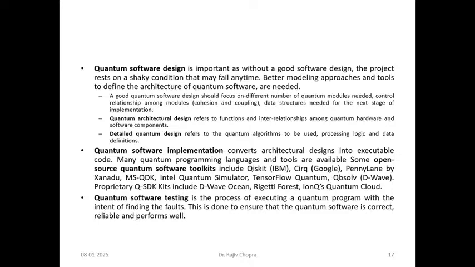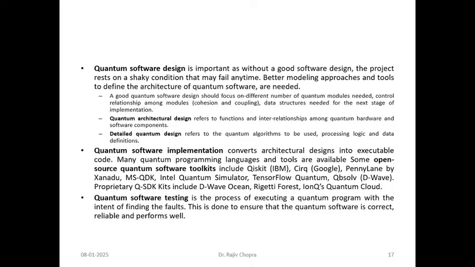Better hardware design approaches and quantum software design approaches are there, and we have to find out the relationship among the modules, the cohesion and coupling between these quantum modules, and the data structures needed for the next stage of implementation. The design has to be very good, otherwise your quantum project will also fail. Then architectural design, the functions and the relationships among quantum hardware, quantum detailed design, processing logic and data. These things will be focused on.